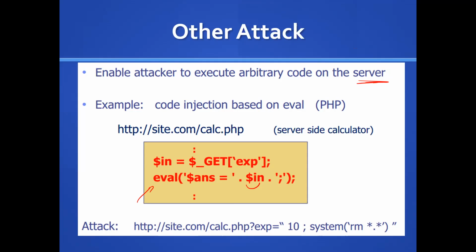So it is up to the attacker to say, okay, I look at this PHP code over here. Ah, I know what I can do. And so what they can do is the attack, if you look, they'll take the same URL, site.com calc. They know they're using a get array, right?